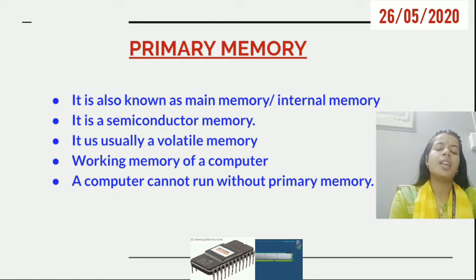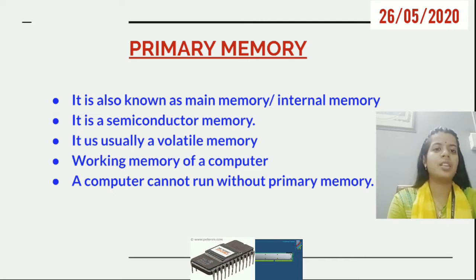Okay, now as primary memory has limited capacity and data is lost when the power is switched off, primary memory is also known by another name, that is as a volatile memory. Alright, now remember, dear children, it is very important. Primary memory is the working memory of the computer. That means a computer cannot run without primary memory.